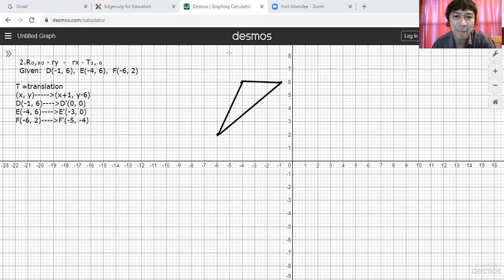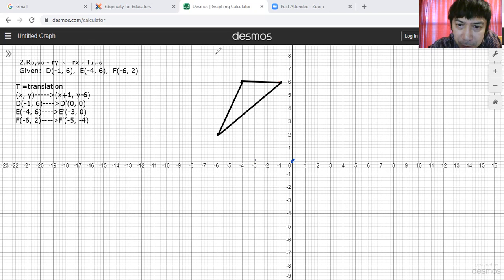Let's have the output of this using a different color. Say we use blue. The D prime is 0, 0, that's over there at the point of origin. E prime is negative 3, 0.